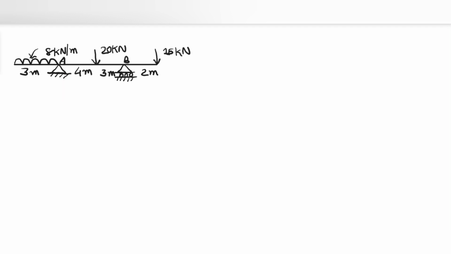Now let's just get back to this question. Here we need to find the support reactions, which I am denoting using RA and RB. RA is the support reaction at A and RB is the support reaction at B. First of all, we'll take moment at A, and moment at A, so anticlockwise moment is equal to clockwise moment.